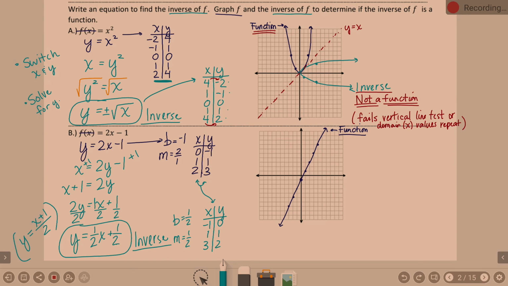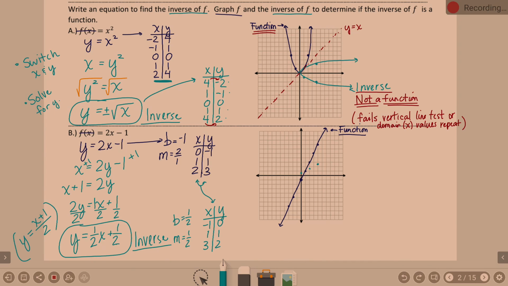If I go with my y-intercept of 1/2, that puts me right there. If I rise 1, run 2, rising 1 puts me at 1.5 over 2. It just means my points are going to be in the midpoints. Rising 1, go up the equivalent of a full box, so you're halfway into the next box, over 2.